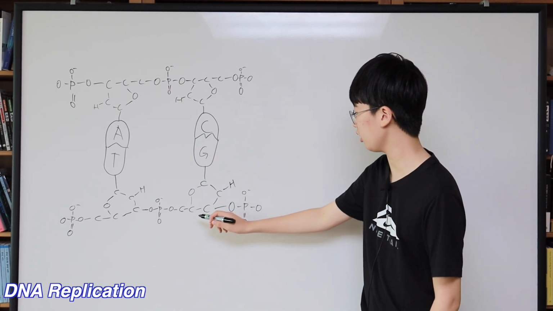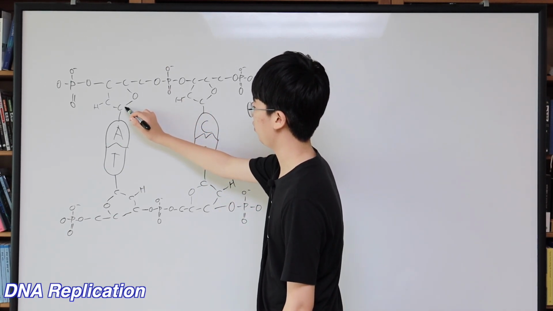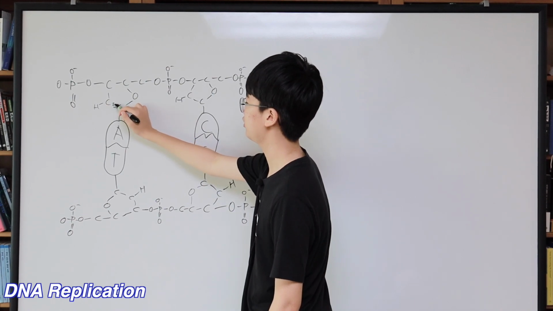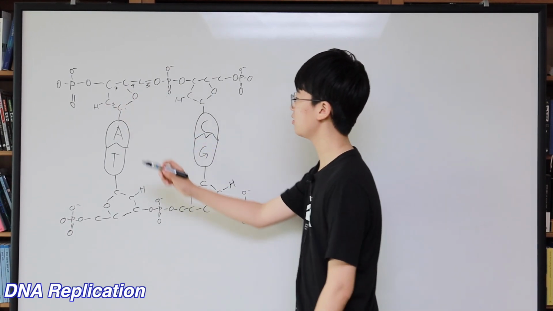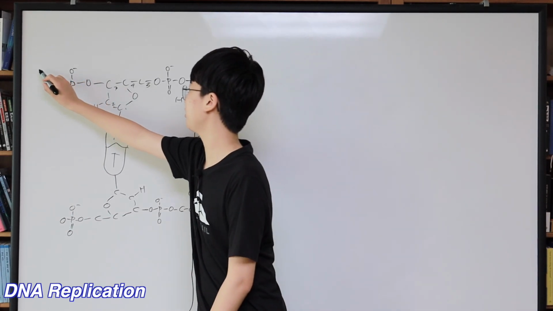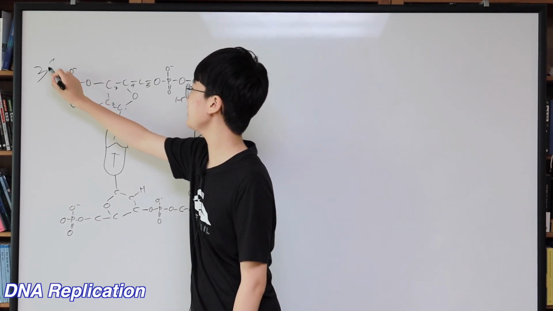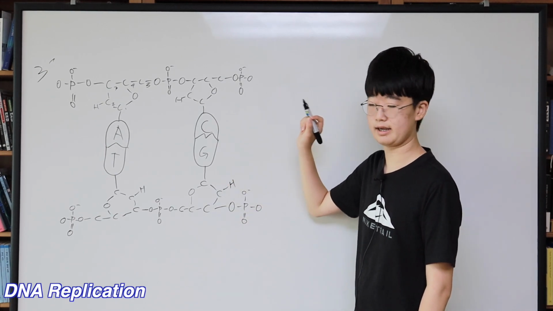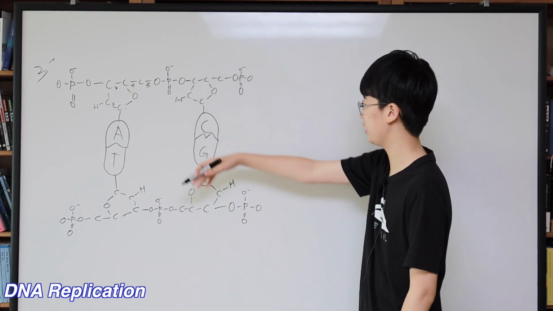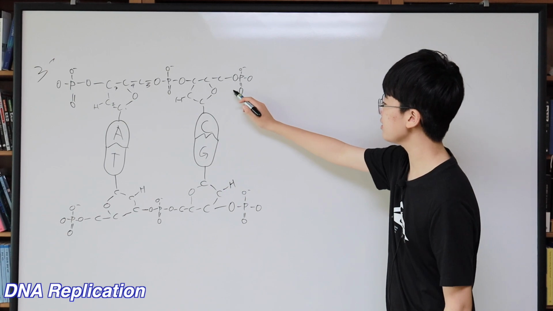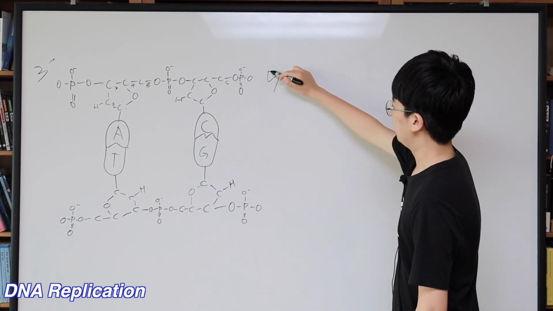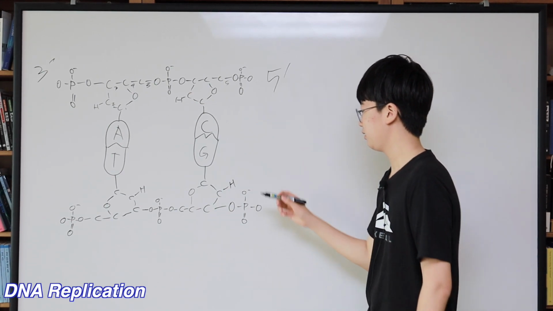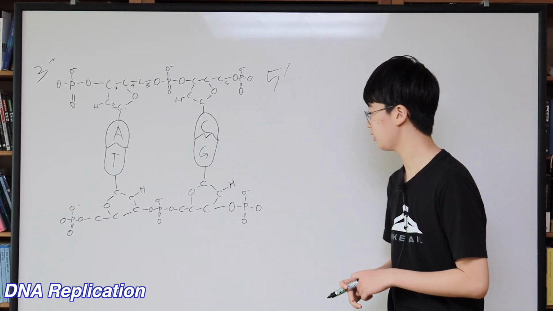So if you look at the carbon, we're gonna name the carbon 1, 2, 3, 4, and 5. So we're gonna call this end the 3' end, and this is the 5 part, we're gonna call this the 5' end.